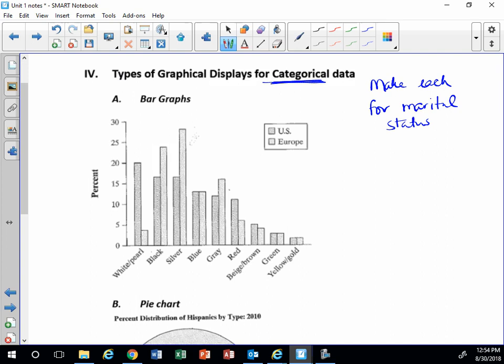Does that make sense? Everybody good with what we're doing? The marital status from. It's okay if you can't draw a perfect circle, don't do it.